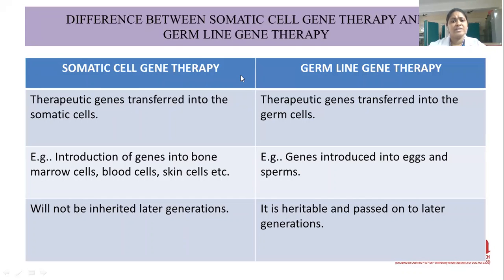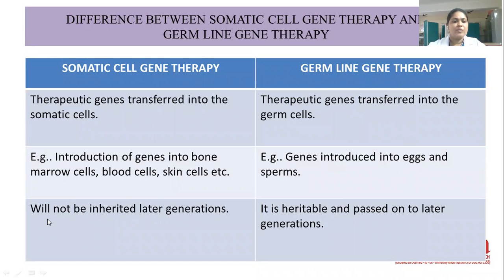And you can see the difference between somatic cell gene therapy and germline gene therapy. First, in somatic cell gene therapy, the therapeutic genes are transferred into the somatic cells, whereas in germline gene therapy, the therapeutic genes are transferred into the germ cells. For example, introduction of genes into bone marrow cells, blood cells, or skin cells comes under somatic cell therapy, whereas genes introduced into eggs and sperms come under germline gene therapy.